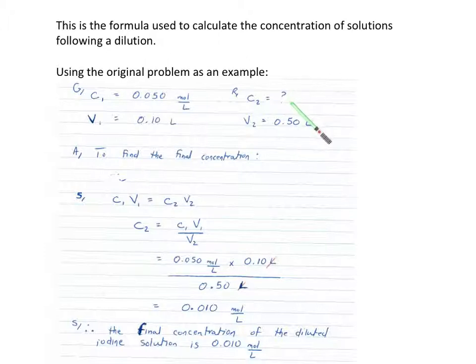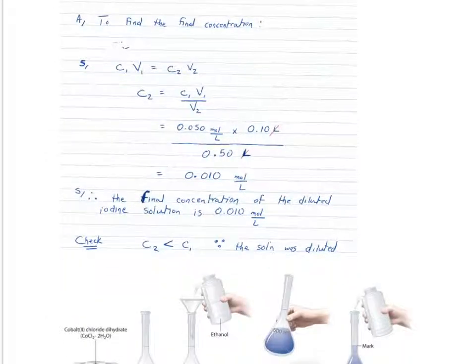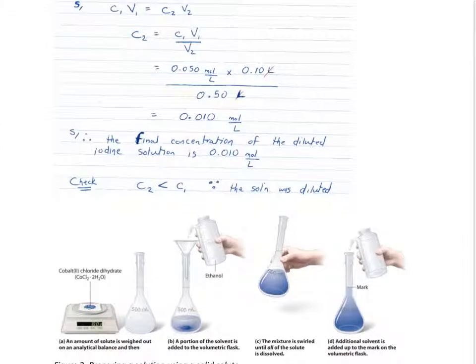We're trying to find the concentration of the diluted solution. To find that, we simply rearrange this formula, solve for C2, sub in what we know, and notice that our liters cancel out. We are left with moles per liter, which is what we want, and we end up with an answer of 0.010 moles per liter.